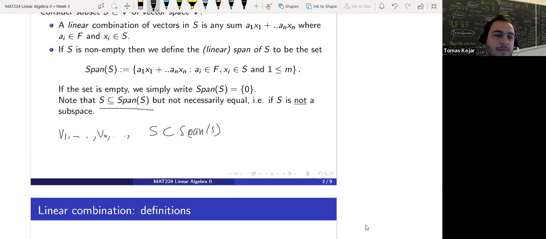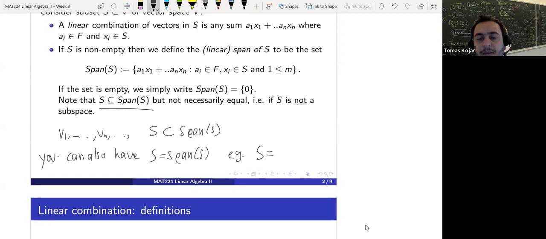Of course, you can also have S equal to span S. Just take S to be the span of A times (1, 0), the one we just talked about. So in a way, span of span gives you again a span. Anyways, that's sort of a stupid thing.